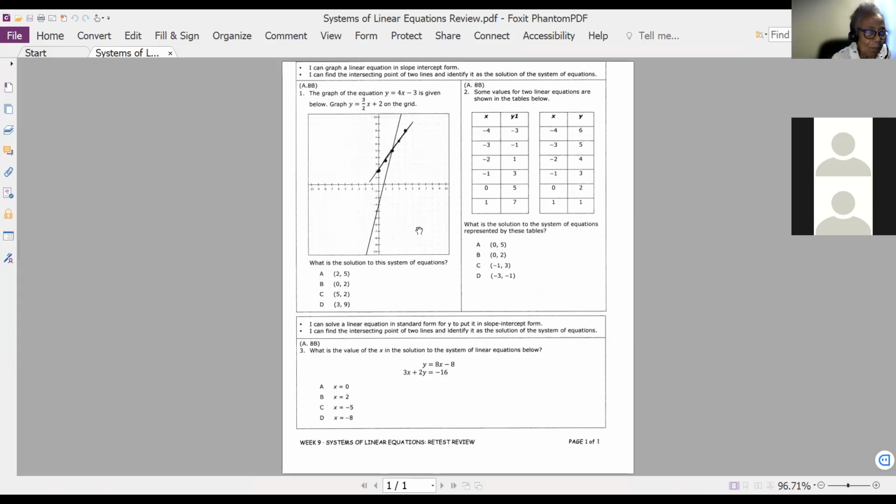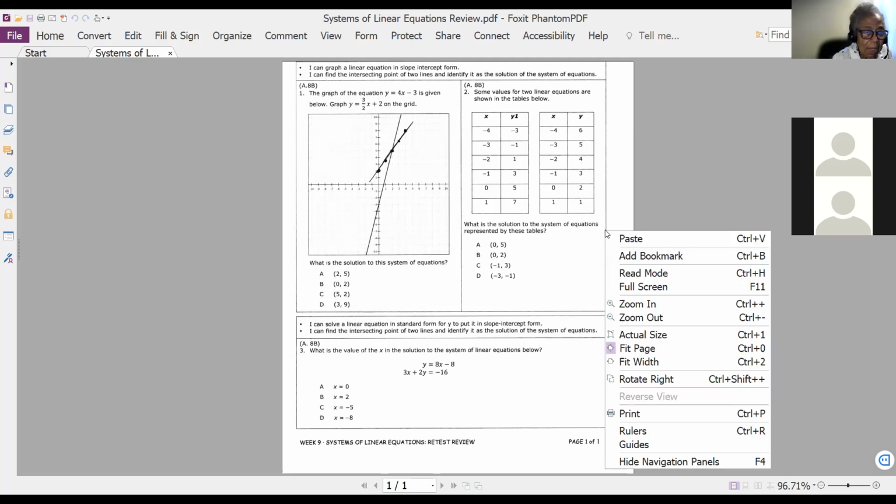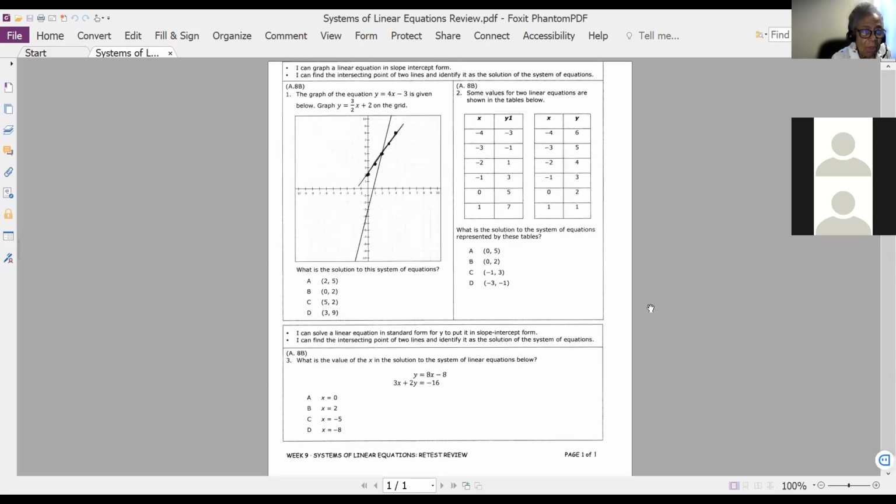I can't see it. It's pretty small. Can you make it larger, please? Let's see if we can. Actually, I can't make it larger. Let's see if I can zoom in. Is that better? No, it's very, very fine. Yeah, I know.